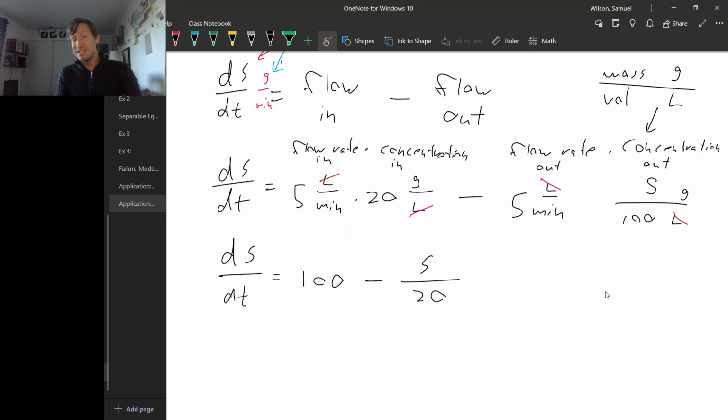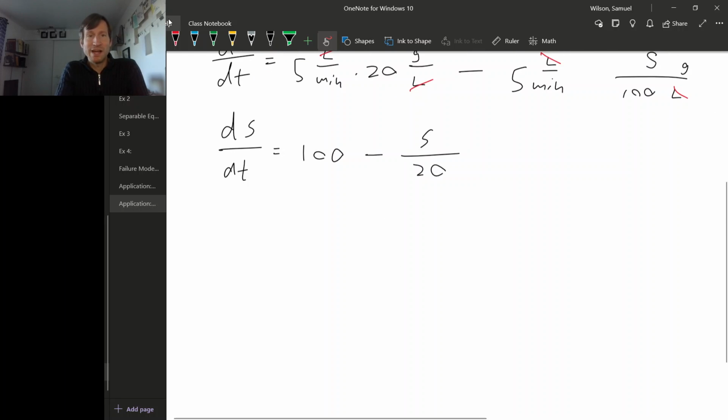Fortunately, because t doesn't show up on the right-hand side of this equation, it is automatically separable. So we can separate in the usual way. I guess we could start by, let's see, what would be the best way to do it?